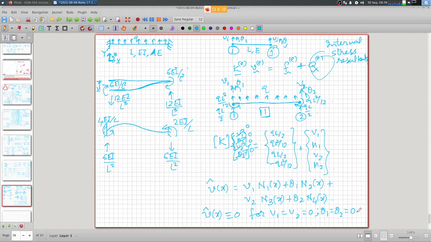So what does that mean? No matter what intensity of load you apply, your finite element model is going to predict the displacement of the beam as 0.